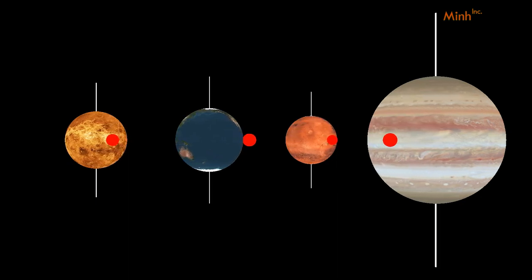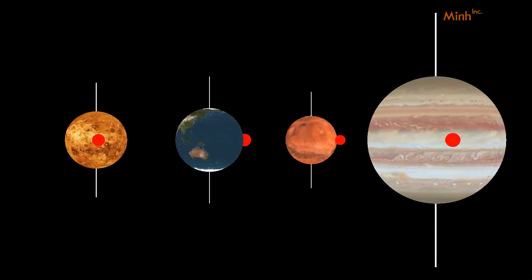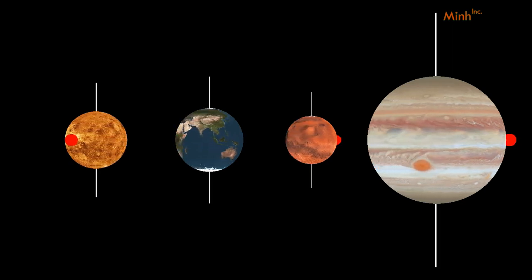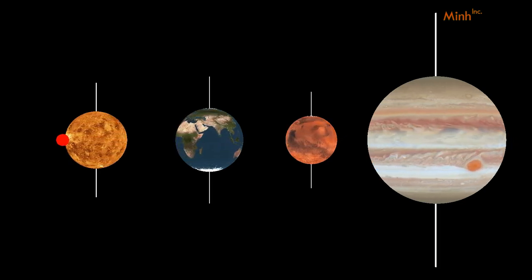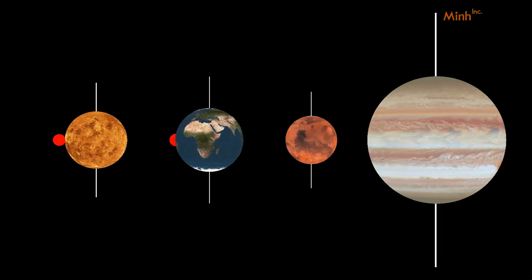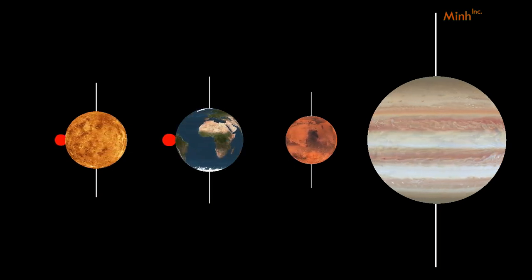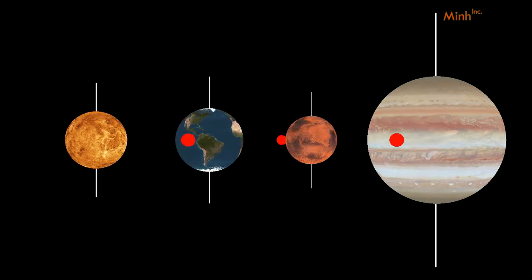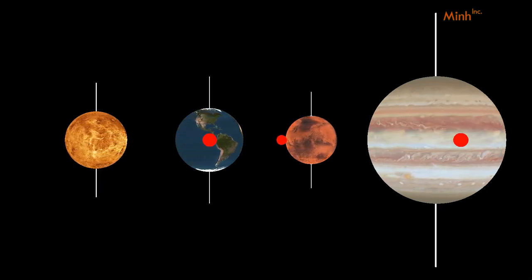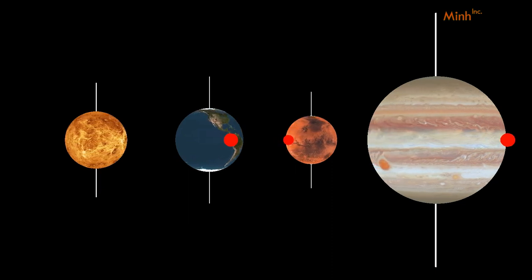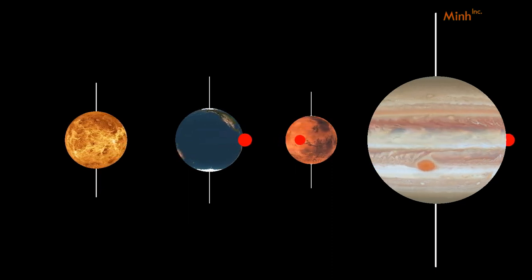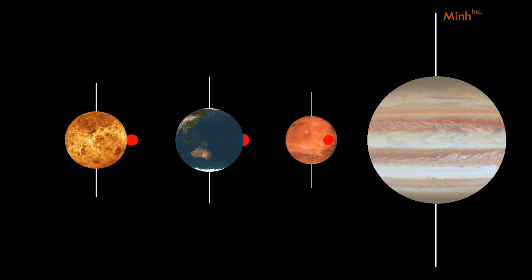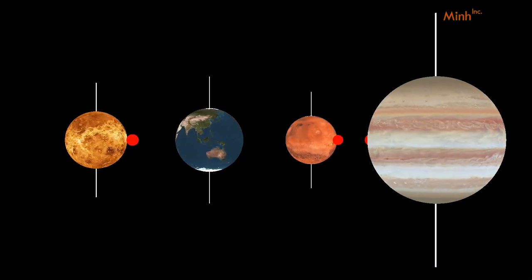If a man, that red spot we see, is standing on the planet, he would see things the other way. If he sees sunrise in the east on the other planets, then on Venus he would see sunrise in the west and sunset in the east. So that's how Venus is different.